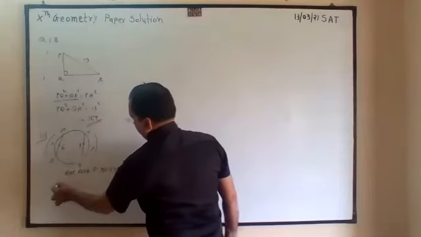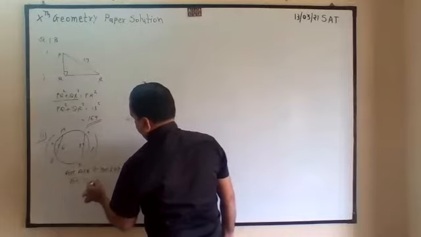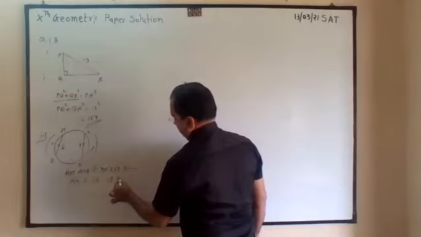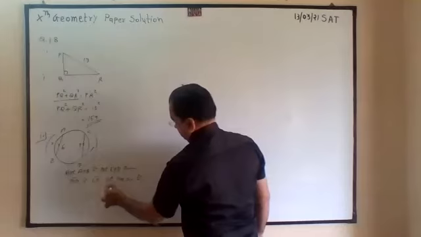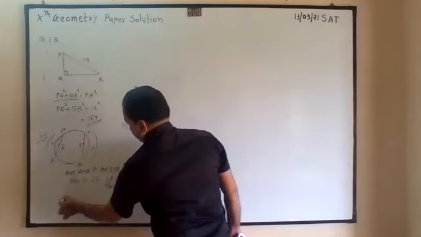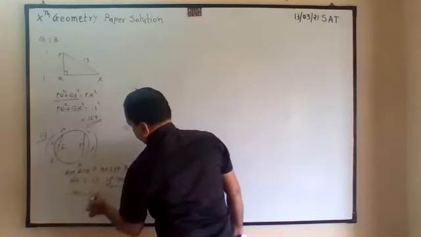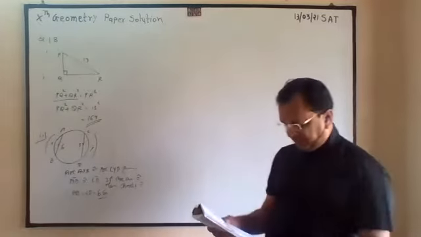Therefore chord AB is congruent to CD. If arcs are congruent, then chords are congruent. Therefore AB is equal to CD is equal to 6. One is given 6 centimeters, so the second is 6 centimeters.